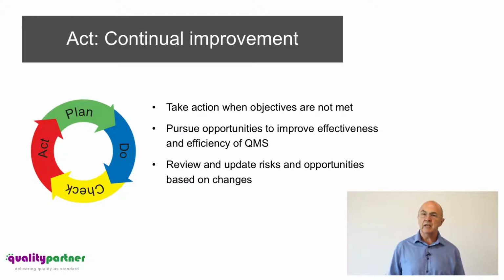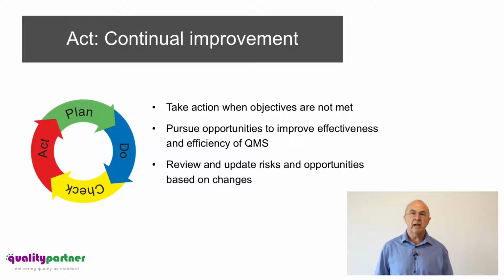The next thing, as part of continual improvement, is to pursue the opportunities that we identified in our risk and opportunity identification. And we are really driving effectiveness and efficiency within the scope of the quality management system. The next thing is, risk and opportunity will change. Organisations change. We go into new markets, we get new customers, we introduce new products, we introduce new processes.